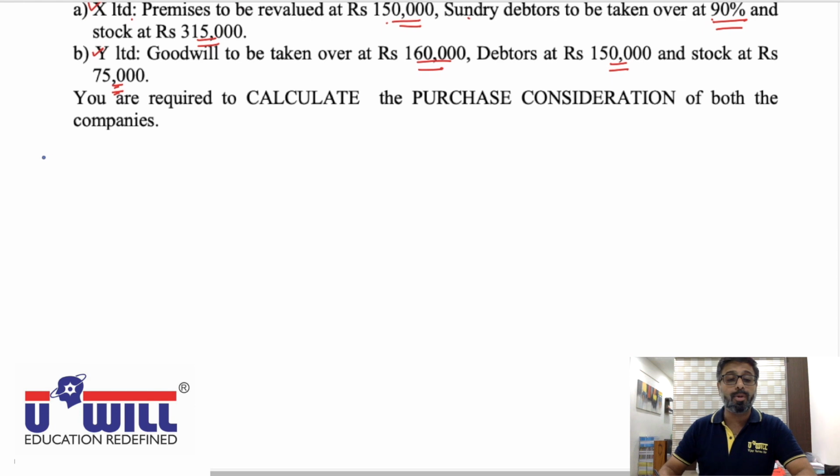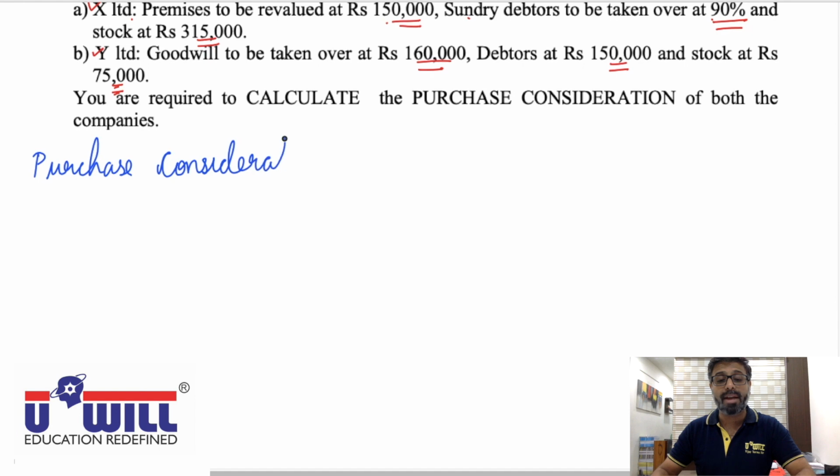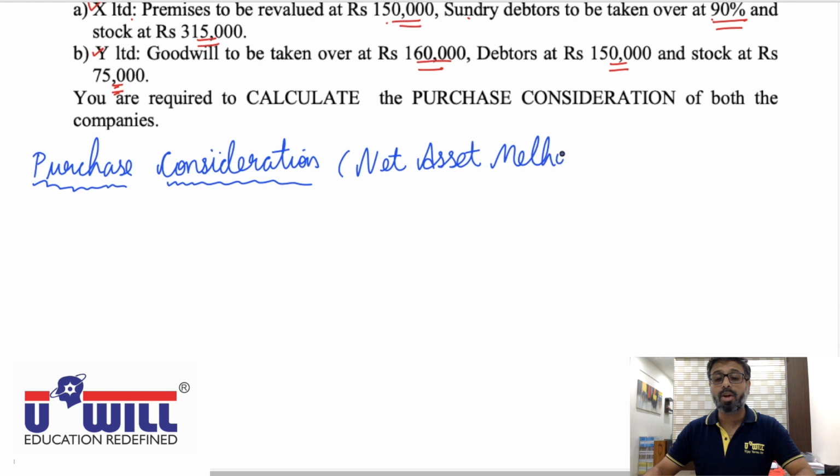So in your notebook, all of you note down. Now we will be finding purchase consideration by net asset method. So purchase consideration, and in bracket you all will write net asset method. And we can do it in columnar form for X Limited and Y Limited because the formula is going to remain the same.